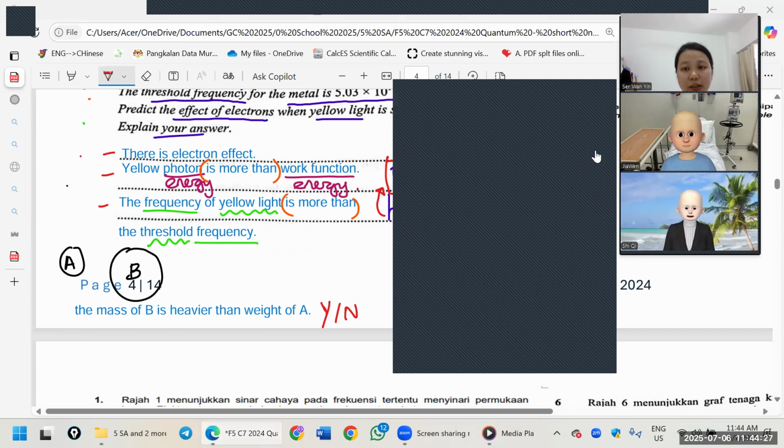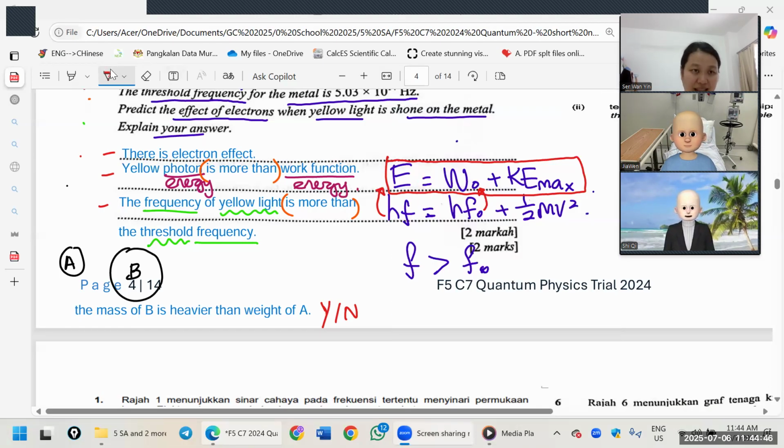Can say that. Yeah, very good. Yeah, answer is no again, because do not compare mass with weight.